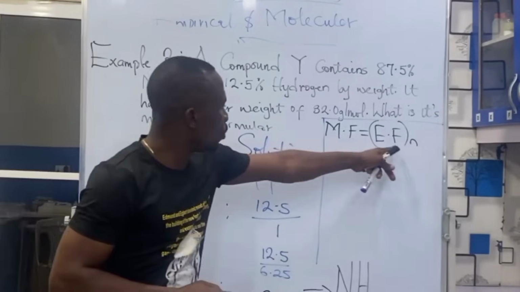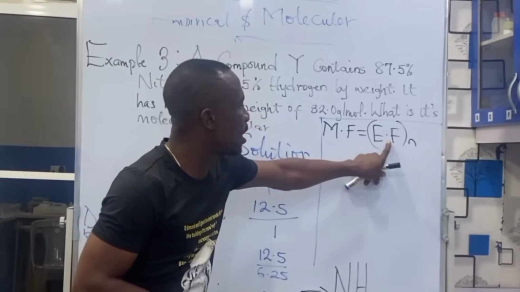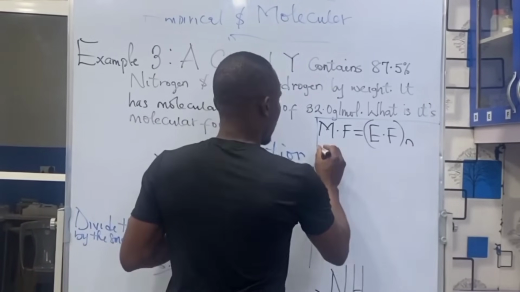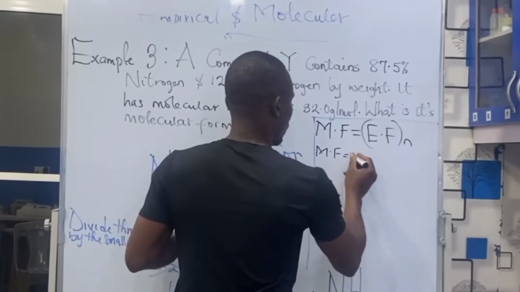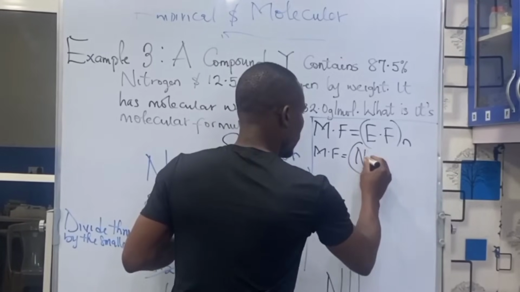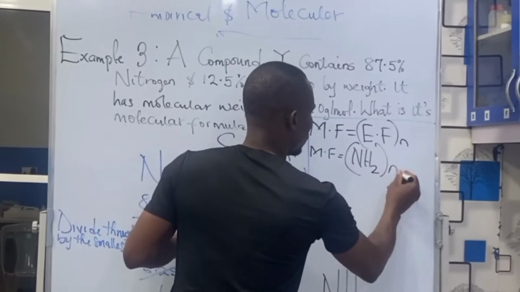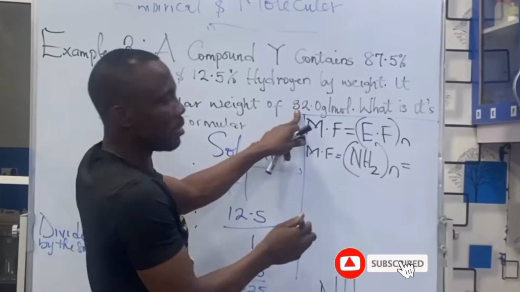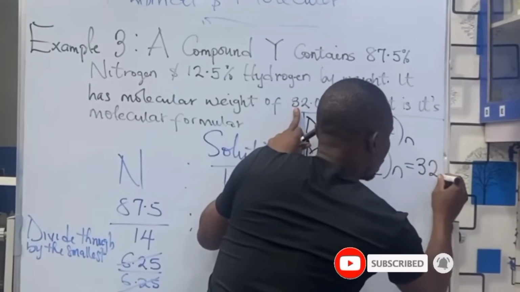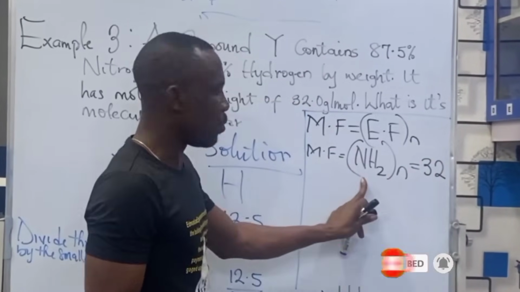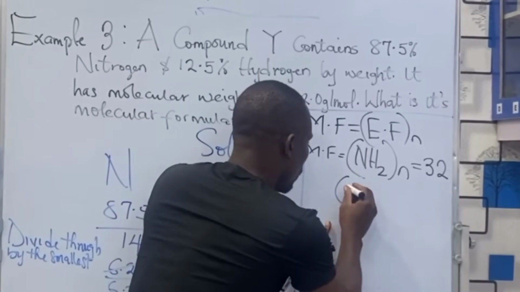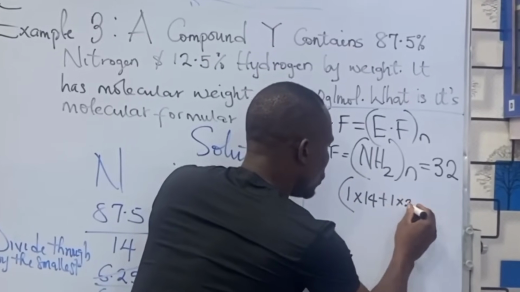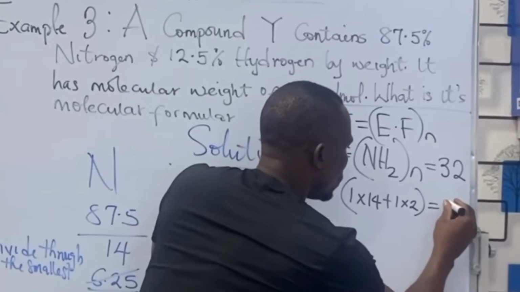Knowing too well that our empirical formula is already determined as NH2, we say M.F will be equal to bracket open NH2 to n. The molecular weight of the compound has already been given to us to be 32. So fixing this up, we have 1 times 14 plus 1 times 2 equals 32.